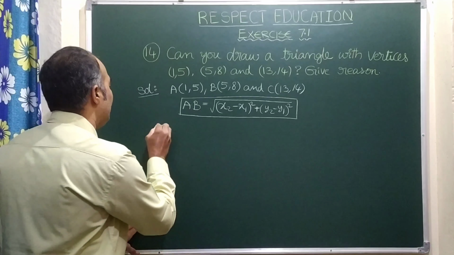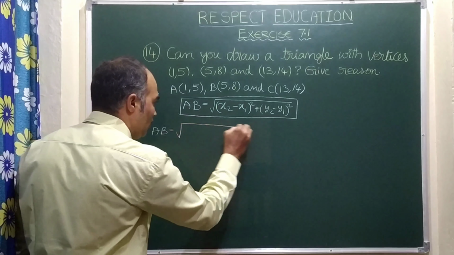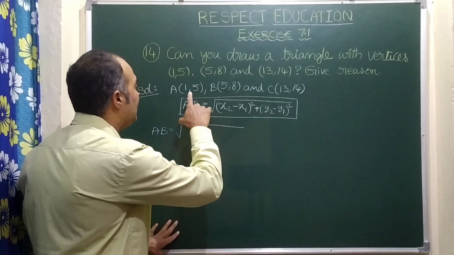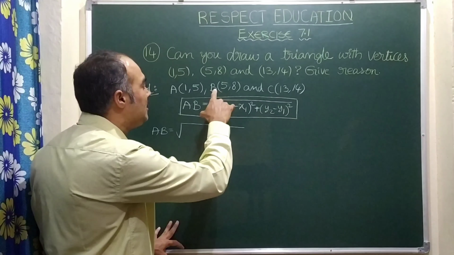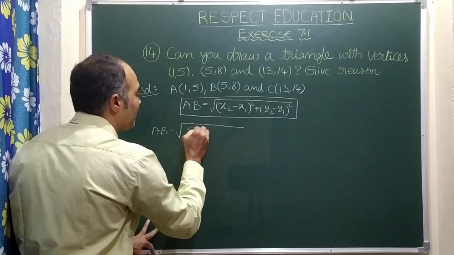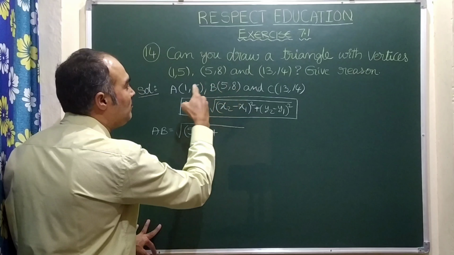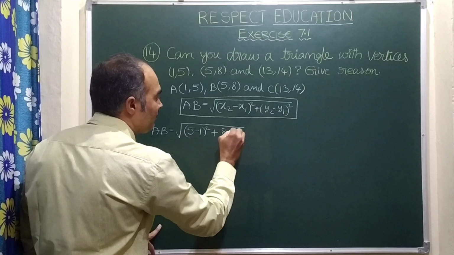So first we find the distance between A and B, that is AB. Here A is (1, 5), B is (5, 8). So under root (5 minus 1) whole square plus (8 minus 5) whole square.